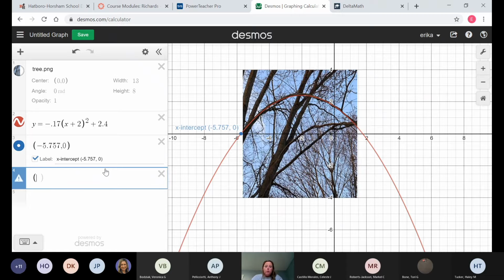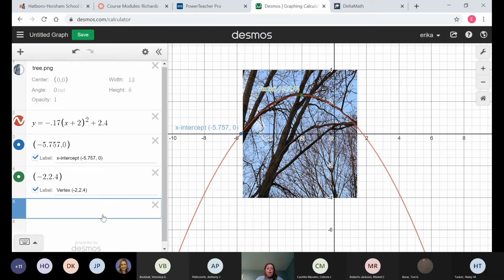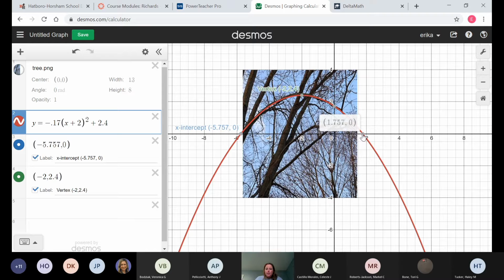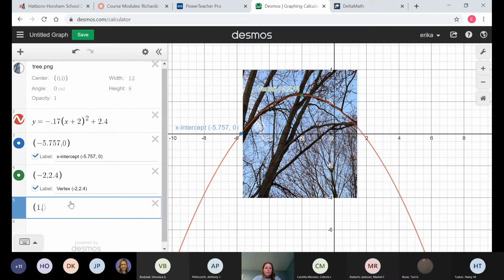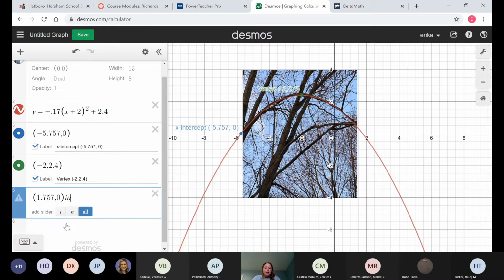Your vertex, which you should know because it comes right from your formula, right? So I want my vertex labeled at -2, 2.4. That's up there. My other x-intercept, which was 1.757, comma, 0, x-intercept again.